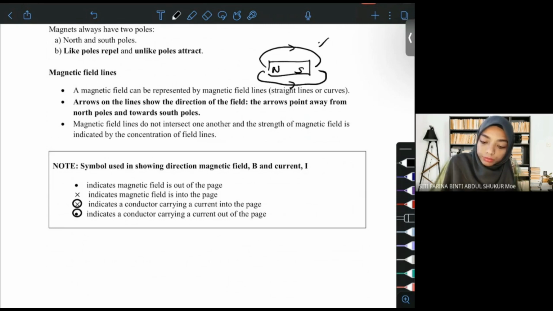This is the magnetic field lines. Okay, arrow on the lines show the direction of the magnetic field. The arrow points away from the north pole. So as you can see, the arrow is in this direction. So it is away from the north pole and towards the south pole.